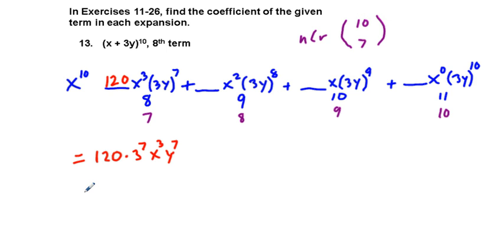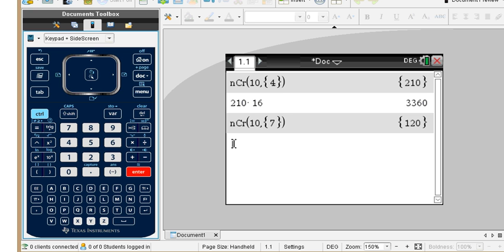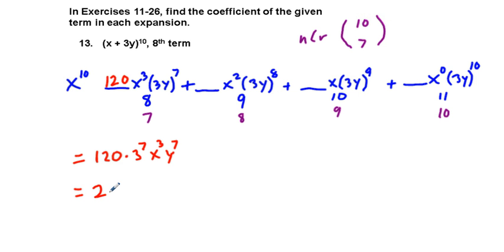I don't offhand know what that is, so 120 times 3 to the power of 7, we get 262,440. And that's going to be x cubed y to the 7th, and specifically answering what was asked in the problem, we box in our coefficient, which is 262,440.